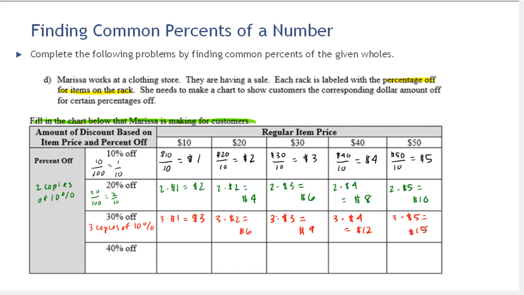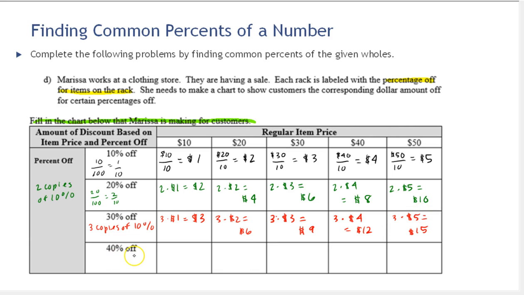Okay, so again, just looking at this last one, if we wanted to find 30% off 50, we could find 10% by moving the decimal place 1 to the left. $5 is 10% off. 30% off is 3 times as much off as 10%, so 3 times 5 is 15.